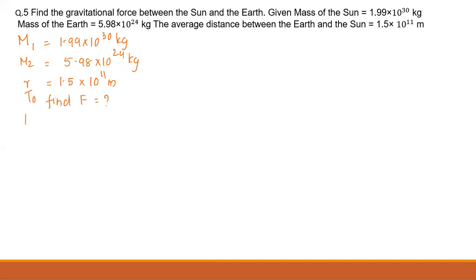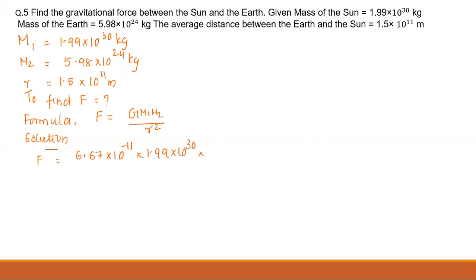Okay. We know that the formula for gravitational force is F is equal to G m1 m2 upon R square. On substituting the given values in the formula, we will get the solution. That is F is equal to G is 6.67 into 10 raised to minus 11 into M1 is 1.99 into 10 raised to 30 into M2 is 5.98 into 10 raised to 24 upon R square.